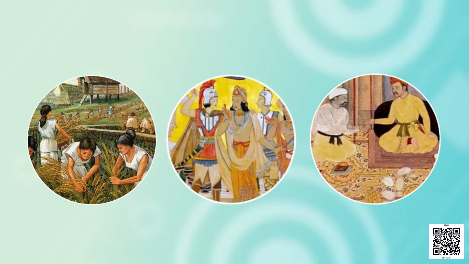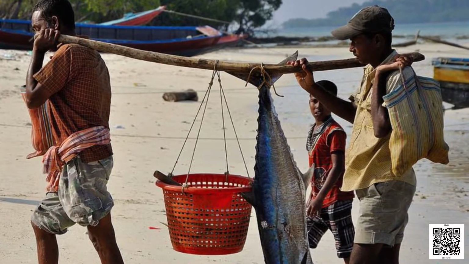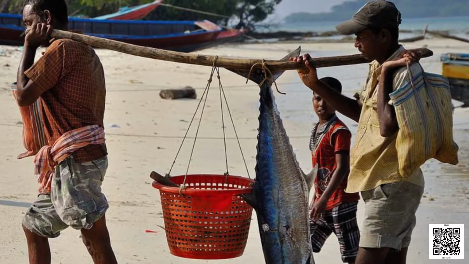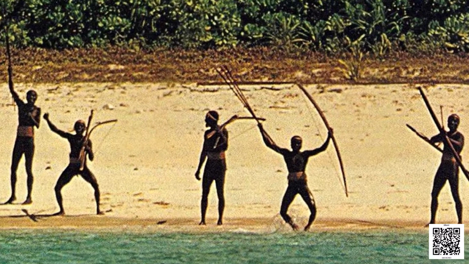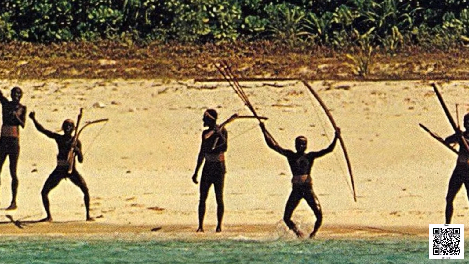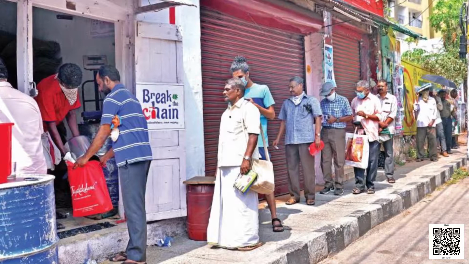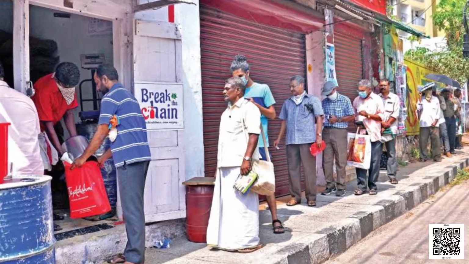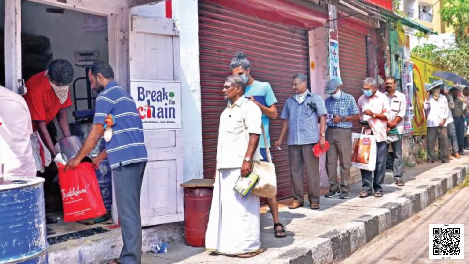For example, today, most people living in the Andaman Islands get their own food by fishing, hunting, and collecting forest produce. By contrast, most people living in cities depend on others for supply of food. Differences such as these existed in the past as well.